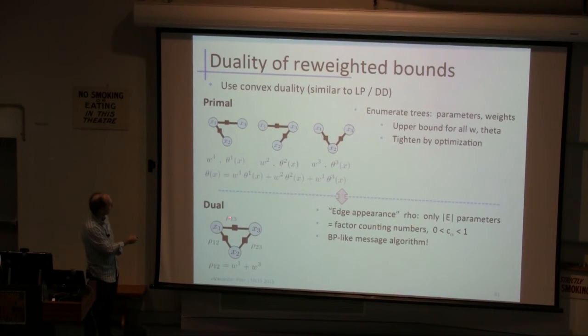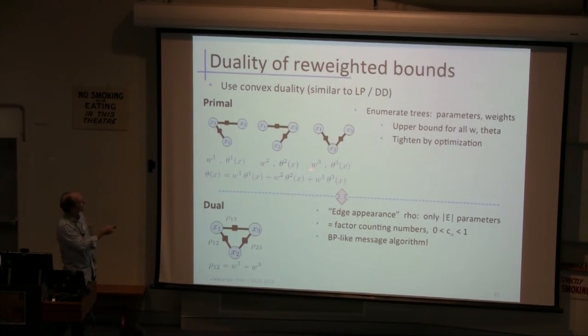So for instance, row 1, 3 here would be the weight of this tree, weight 1, plus the weight of this tree, weight 2. So rather than enumerating trees and their weights, you can express them all compactly in terms of just probabilities over each edge.